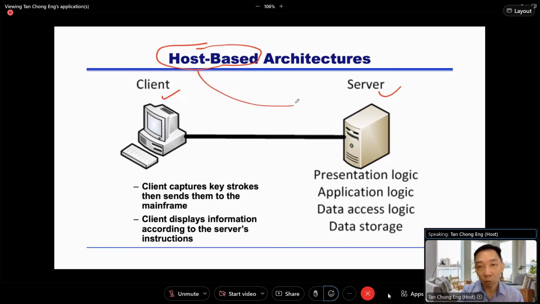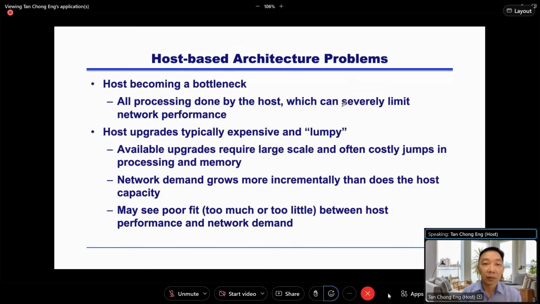In this kind of host-based architecture, all four logics, including the storage, are managed by the server. So your client will not have much to do, because all the logic requires all the processing power. Your client is very thin, very lightweight, because you don't have to run a lot of application.